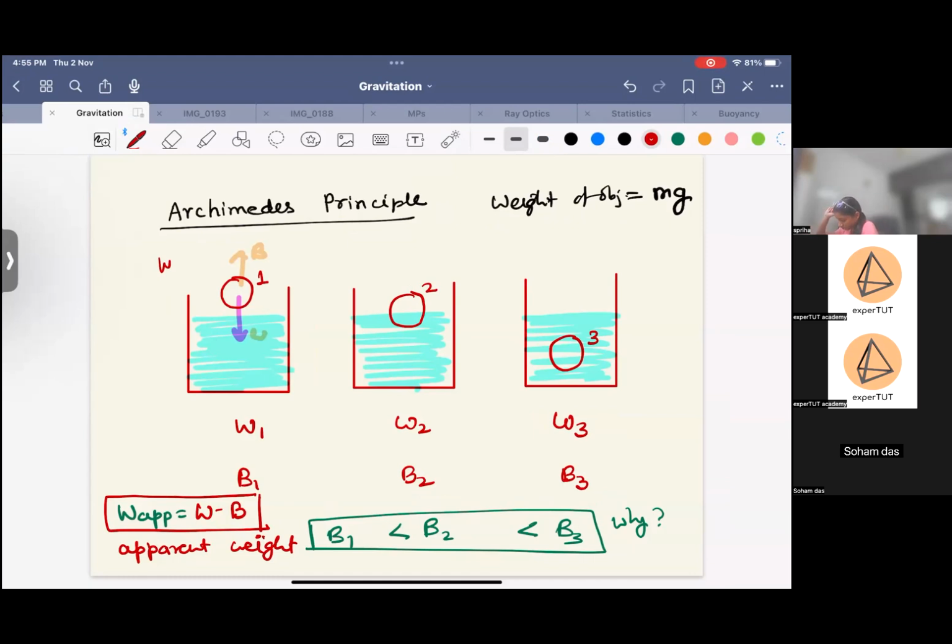The more the object is submerged in liquid, the less is its apparent weight. Less, less, less.